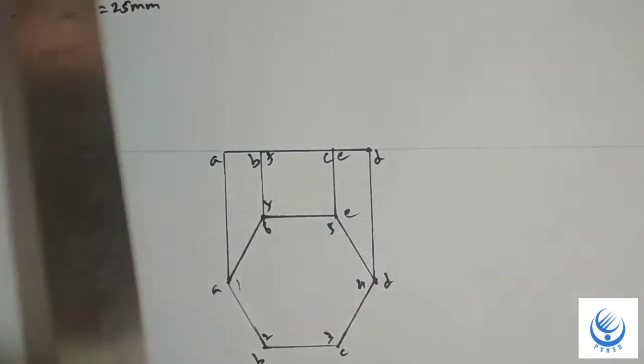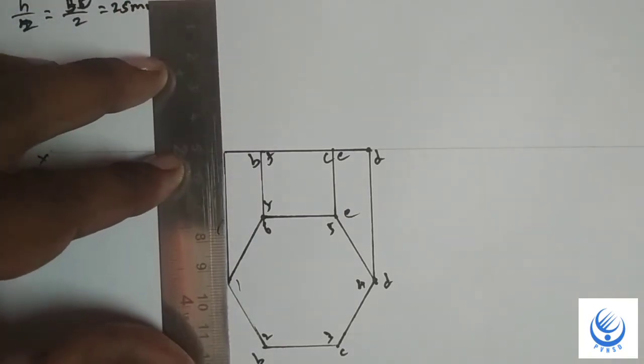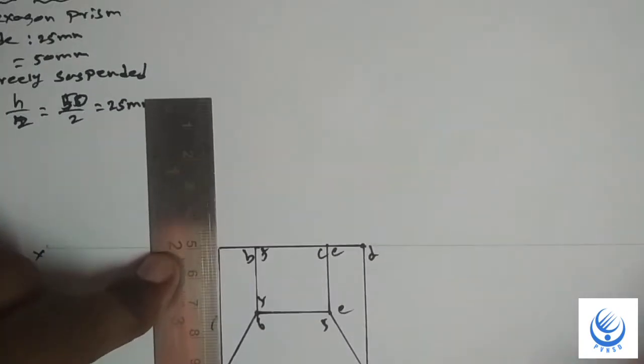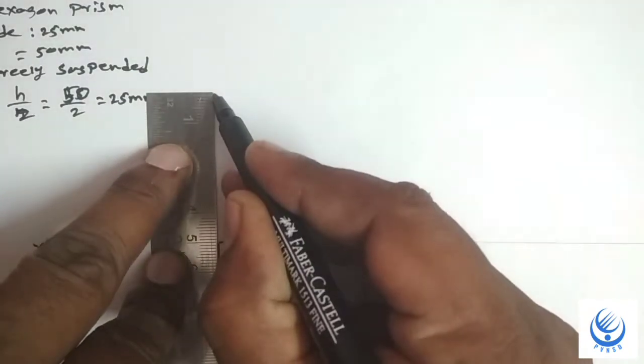Next, project the height. The height is 50 mm. Project the height of 50 mm from the reference line.